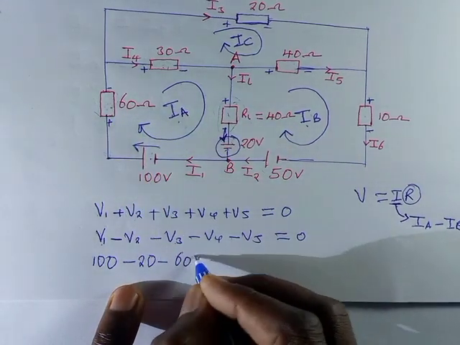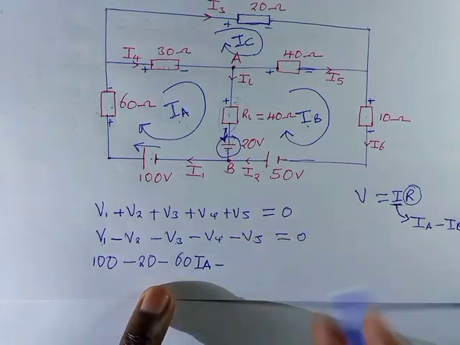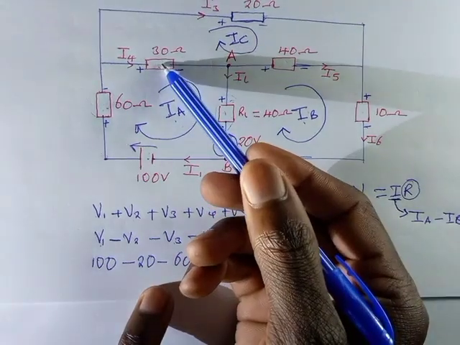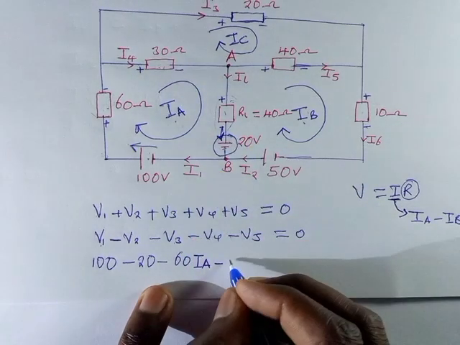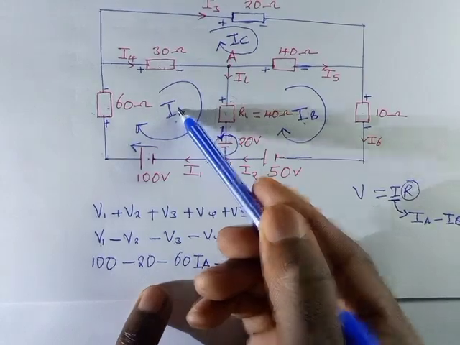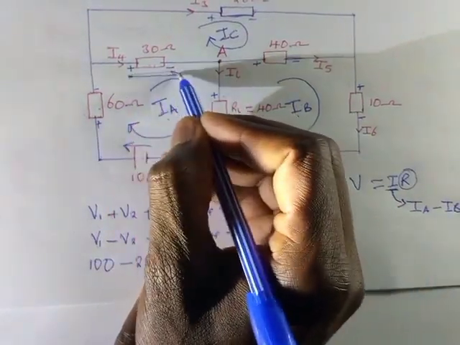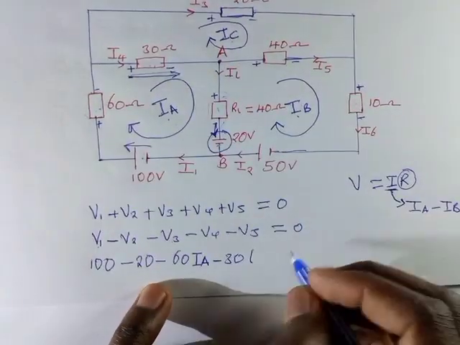We are going to have 60 Ia minus V4. On V4 we have this. So here the resistance has to be 30, but the current has to be Ia minus this one because we are using this mesh. So Ia is moving in that direction, then this one is trying to oppose.